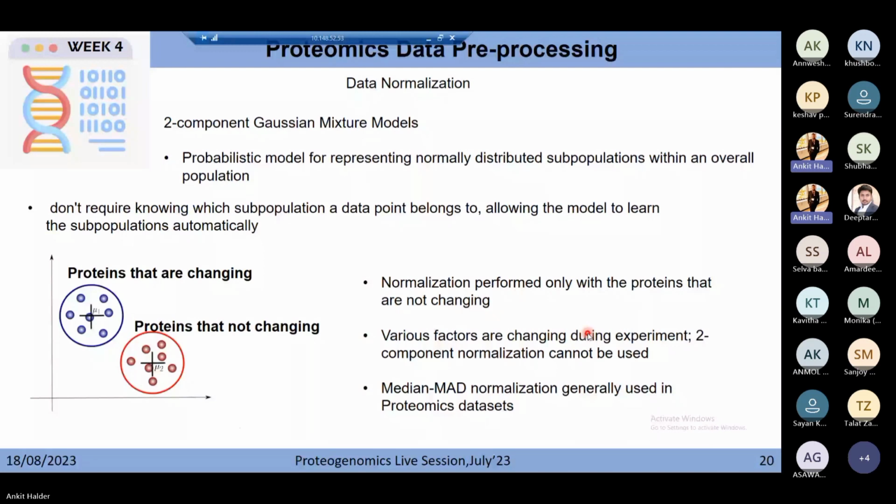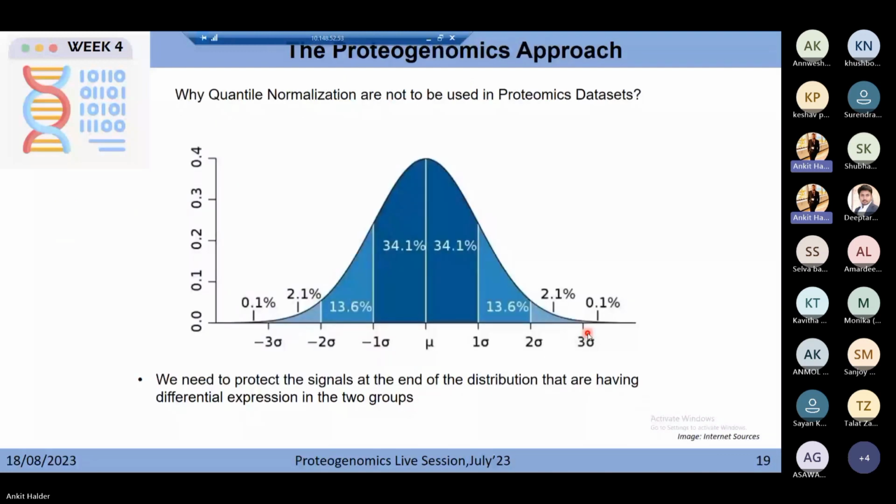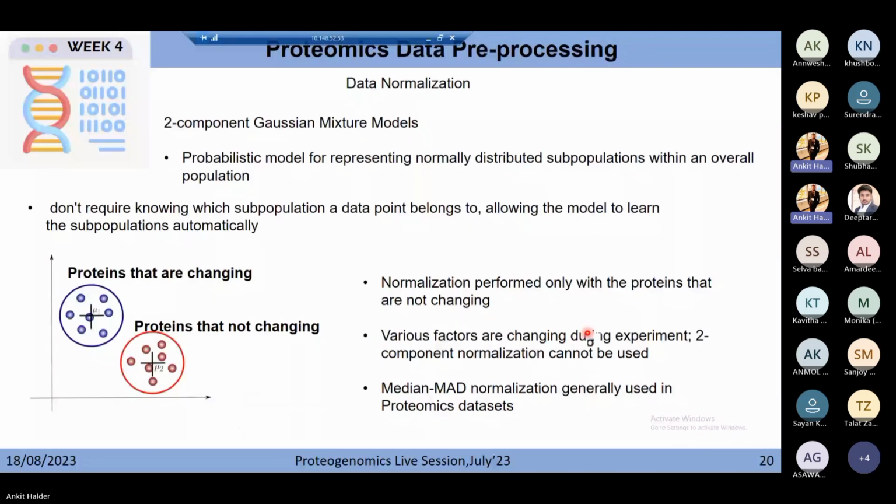As I mentioned, we need to protect the proteins that have differential expression in the different groups, so they are well protected by that.